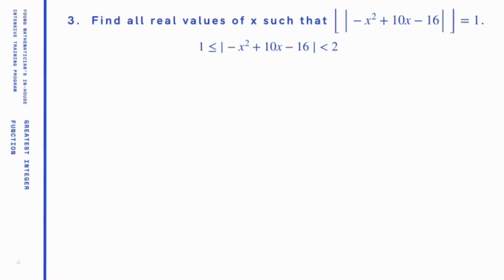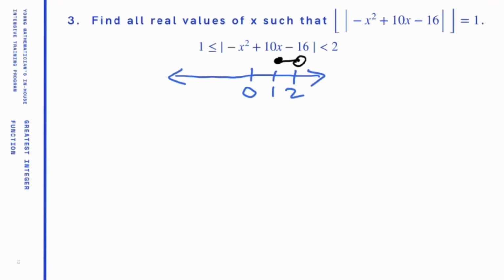If we draw a real number line, say this is 0, the numbers that are of distance between 1 and 2 from 0 are either from the right, between 1 and 2, 1 inclusive, 2 exclusive.